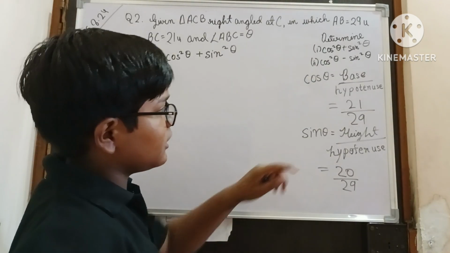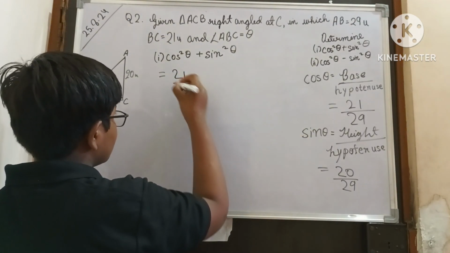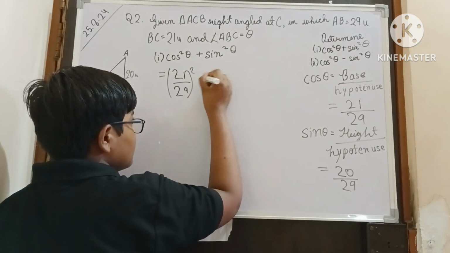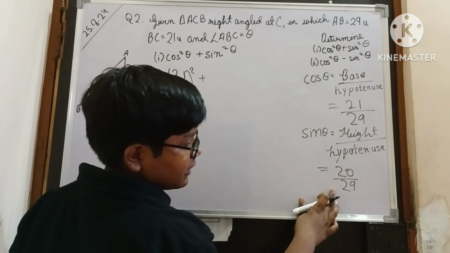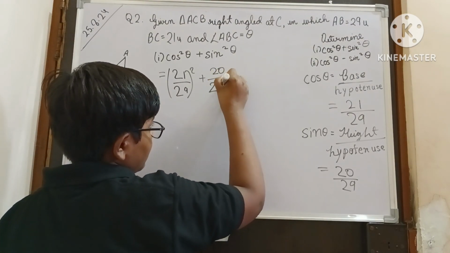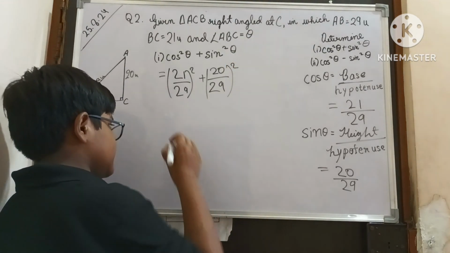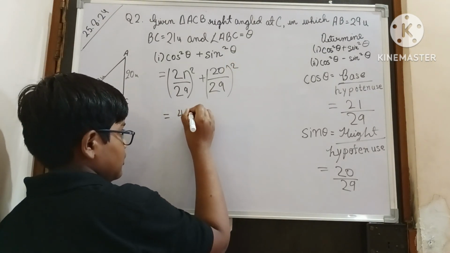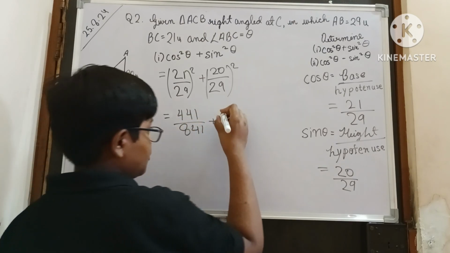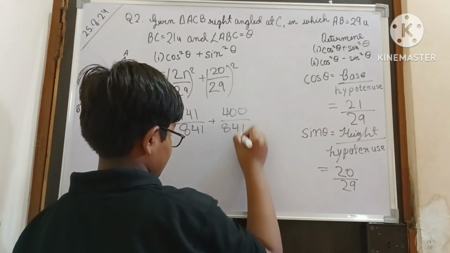The value of cos theta is 21 upon 29, and it will be squared as there is written cos squared, plus sin's value is 20 upon 29, and it will also be squared. So the values will become 21 square is 441 and 29 square is 841, 20 square is 400 and 29 square is 841.